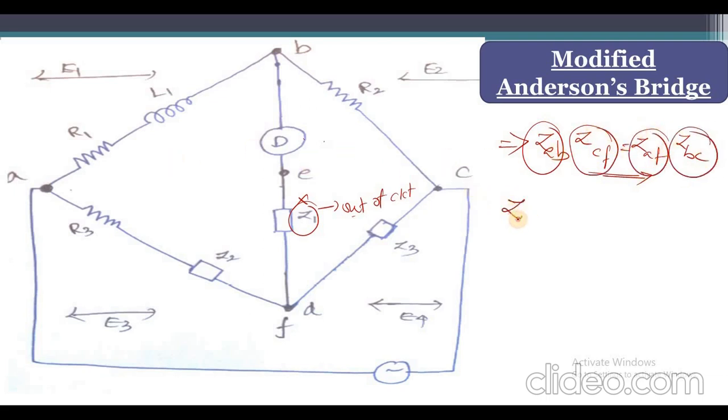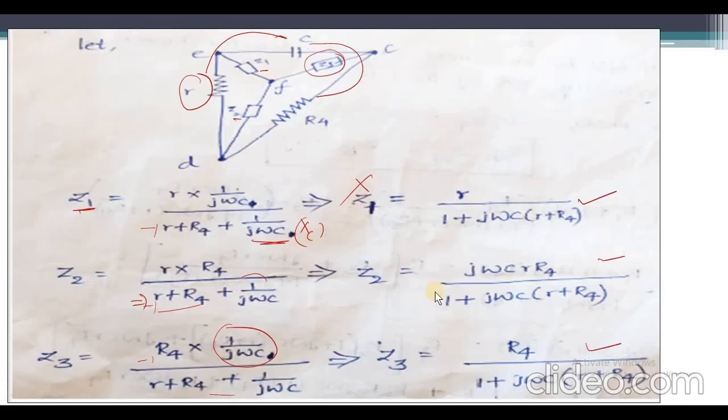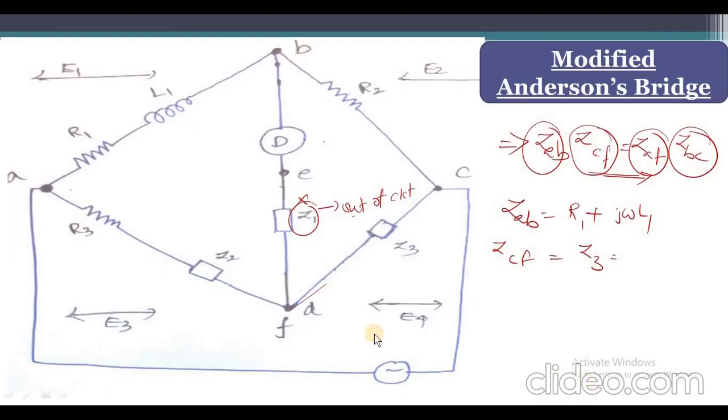ZAB, the impedance across arm AB, is R1 plus J omega L1. Next, ZCF equals Z3, which we have already obtained: Z3 is R4 by 1 plus J omega C into small r plus R4.